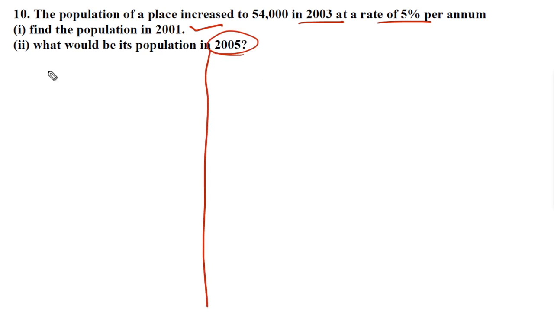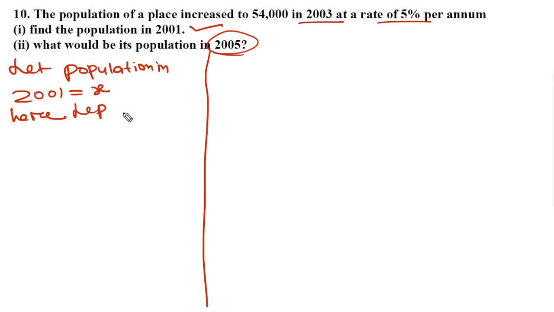Here what we will assume, let the population in 2001 be equal to x. Now you see, this x population is increasing at a rate of 5% per annum. From 2001 to 2003, that means the time is 2 years, and it is increasing to 54,000. So we can compare this situation with the compound interest form.